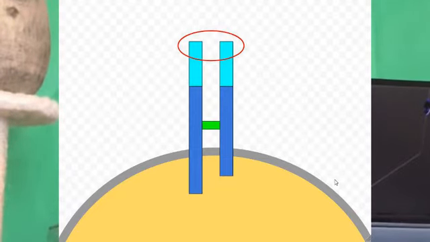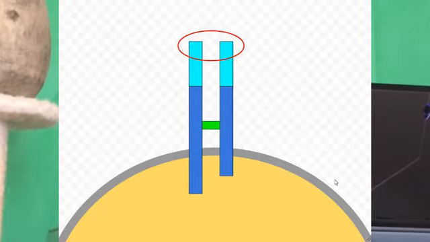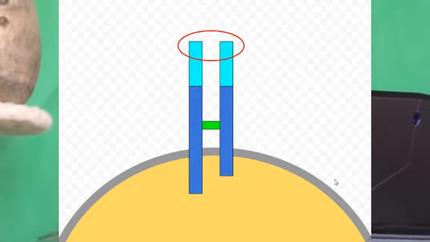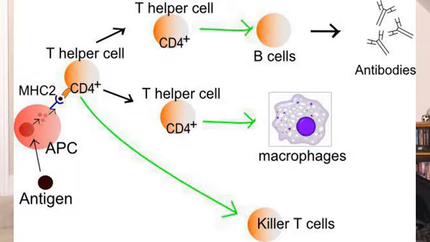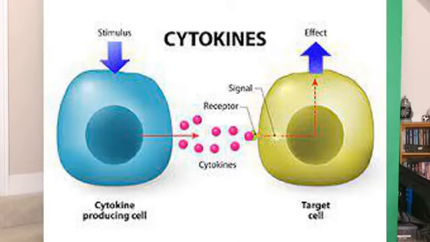Unlike B cells, T cells can only bind to antigen fragments that are presented to them by infected host cells. There are two kinds of T cells, helper T cells and cytotoxic T cells. When helper T cells are activated, they release cytokines that trigger a cell-mediated response in cytotoxic T cells and humoral response in B cells.